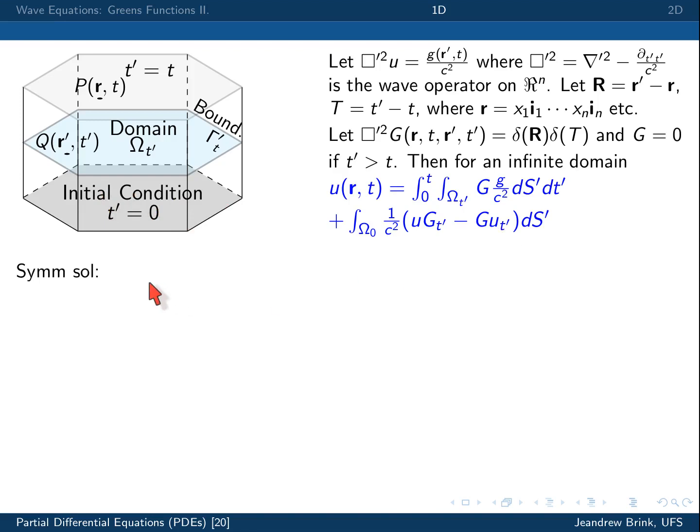And then we went on and proved that the symmetrical solution to this Green's equation can be found in the infinite domain by considering a function where you just have the difference between the source and field point, because there's no other symmetry in the problem, and the difference between the source and field time.